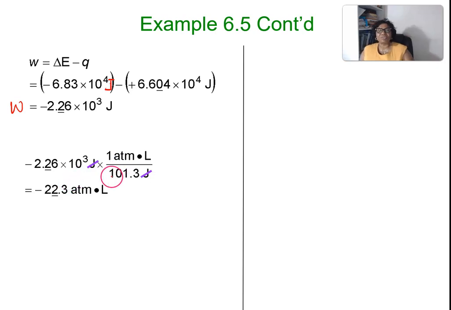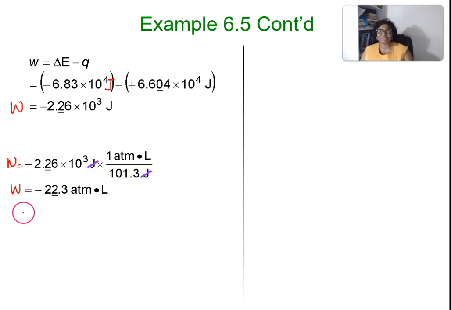So we are going to convert this W to atmosphere liters. We use this conversion factor, and this is our W. When you divide it, minus 2.3 atmosphere liters.